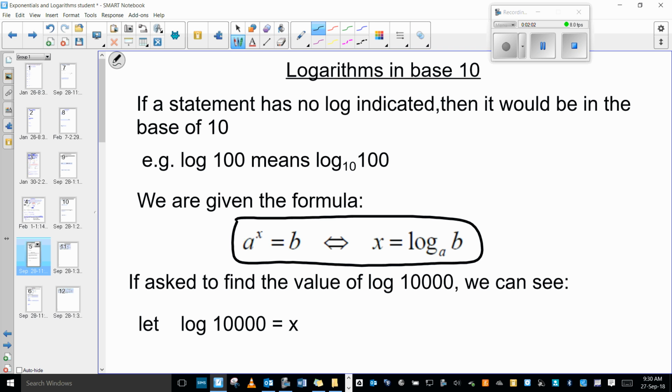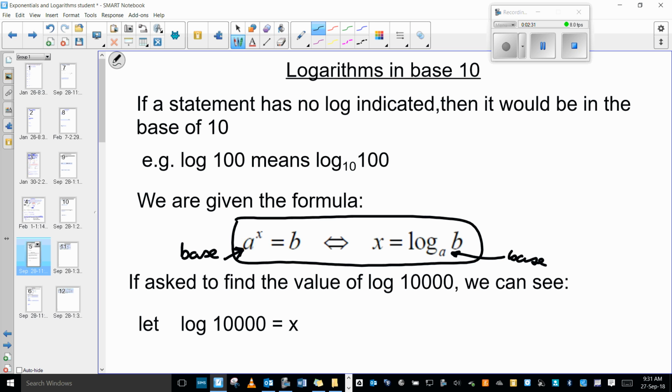Now, I don't like to harp on what the letters actually are. I try and connect the positions that they are. So, what do we know that this number here is called? That's the base. Well, funnily enough, for a log statement, they will all have a base. And that letter is going to be the same one.